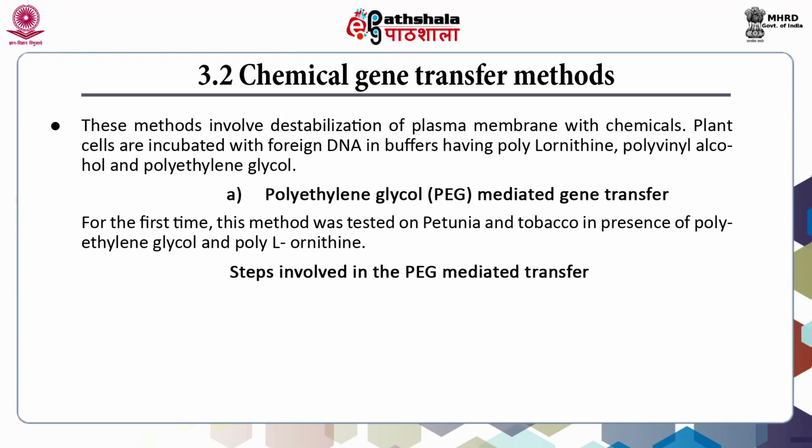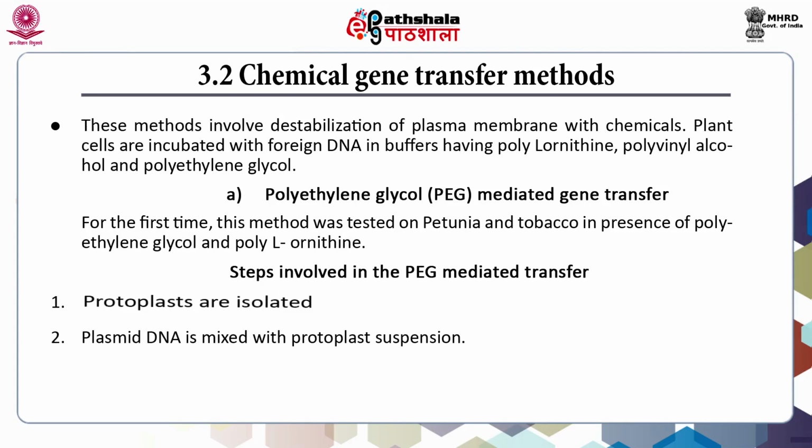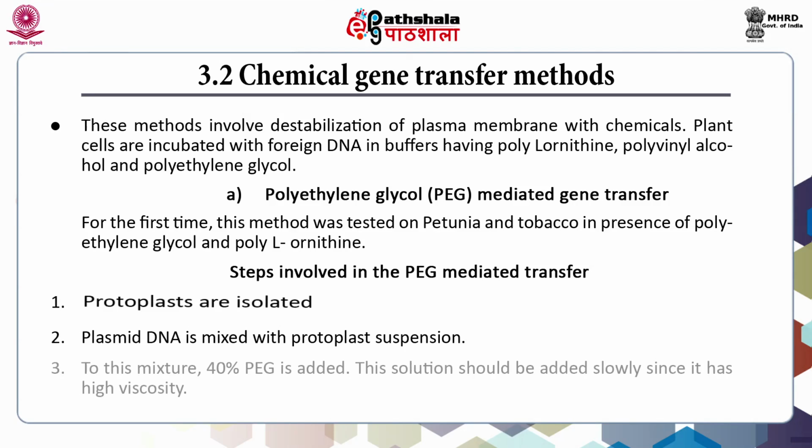Steps involved are: firstly, protoplasts are isolated, plasmid DNA is mixed with protoplast suspension and to this mixture 40% polyethylene glycol is added. This solution should be added slowly since it has high viscosity.